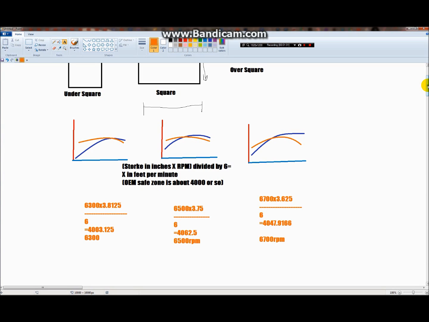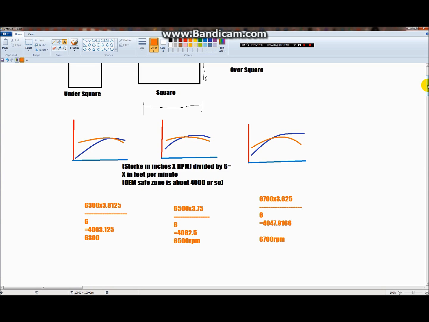Now, for our example, we have three numbers and three different equations. The equation is stroke in inches times RPM. That output then gets divided by 6, and that'll give you your piston speed in feet per minute. Again, the magic number is about 4,000 feet per minute, or thereabout. You can be a little over.